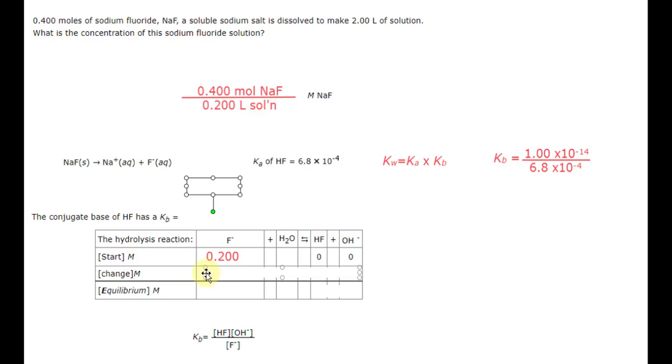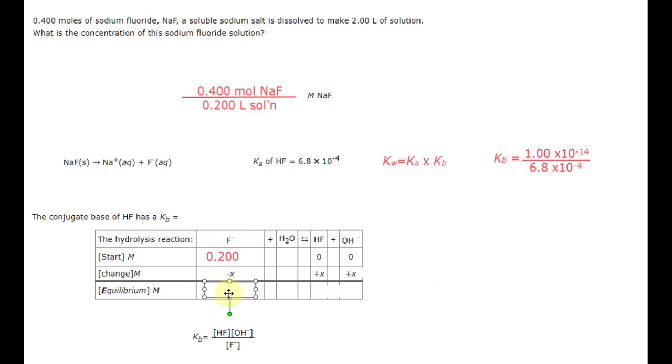We know that some of this fluoride, because this is an equilibrium reaction, notice I've got this equilibrium, and this is a really, really low Kb that we calculated, is not going to react very much. So we're going to lose a little bit of fluoride. But the important thing is how much HF is being made, and most importantly, what our hydroxide ion is going to be.